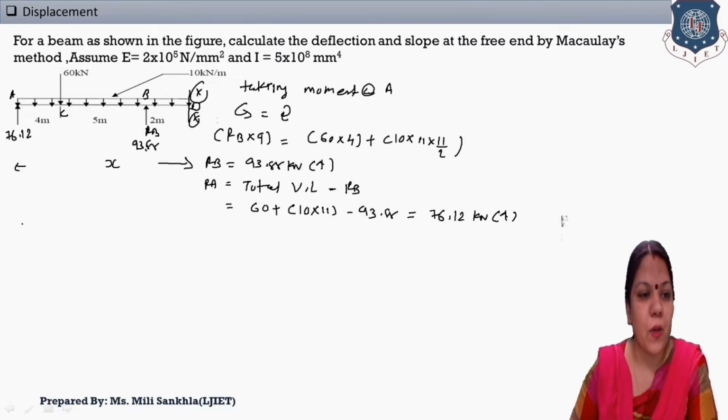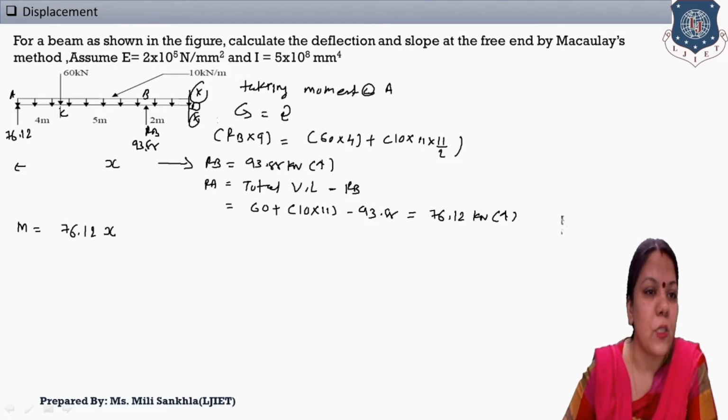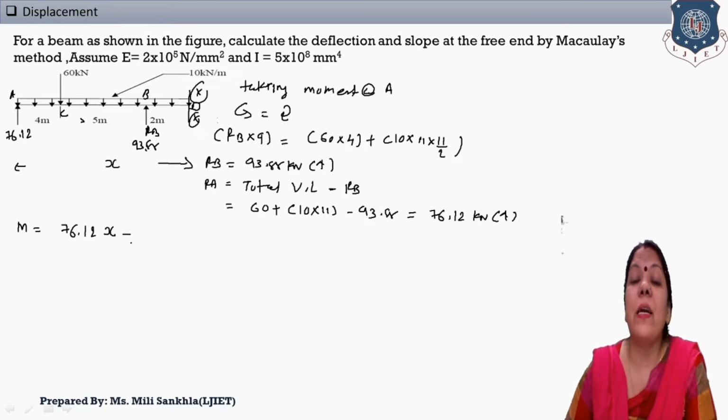Now next step, make the moment equation M. This support reaction rotates in clockwise direction according to this section XX, 76.12 into distance x. Now this rotates in anticlockwise direction. Right here at the left hand side clockwise is plus and anticlockwise moment is minus according to the rule of Macaulay's method.